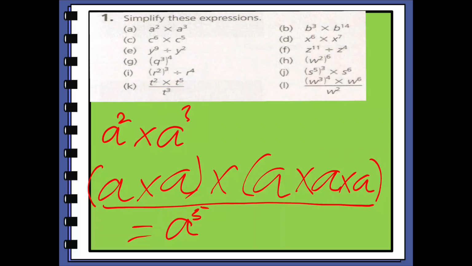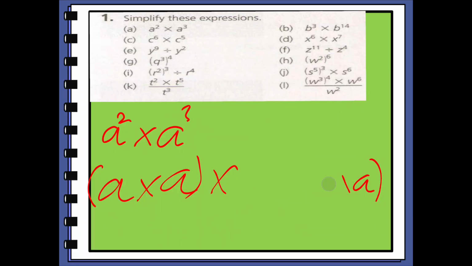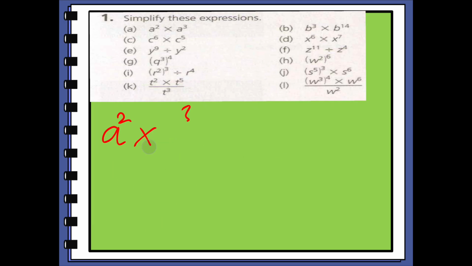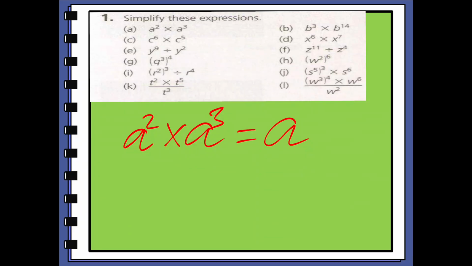Okay, this is if we are to use the traditional method, but in mathematics there is what we call using rules of indices. So when you have a squared times a cubed, you simply add the powers and maintain the base.